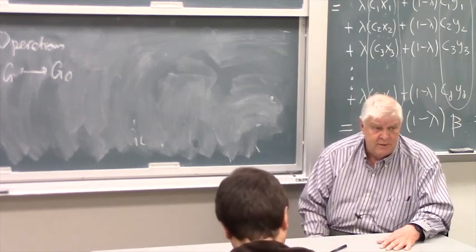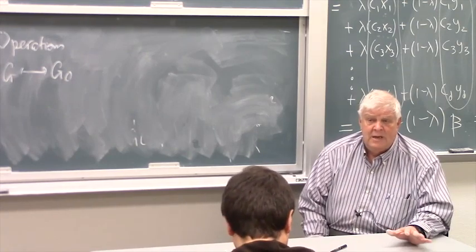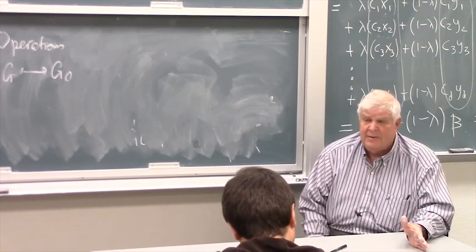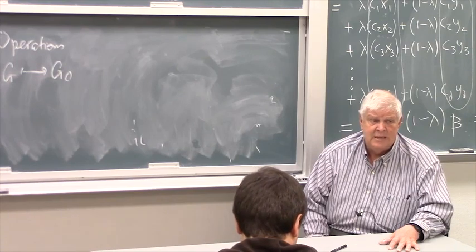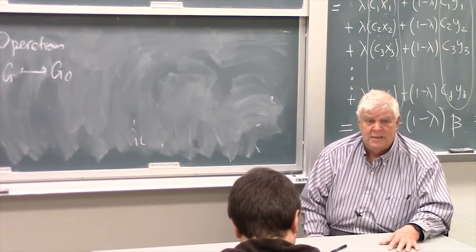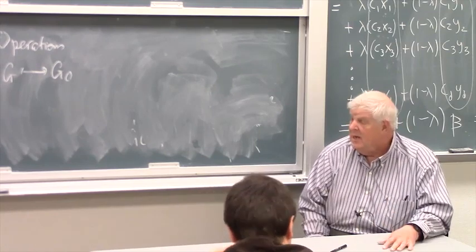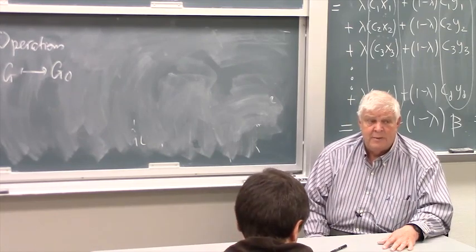So G0 is the component of the identity element. By the way, the identity element I prefer to denote as lowercase e, the identity element in the group G, and G0 is the component which contains e.